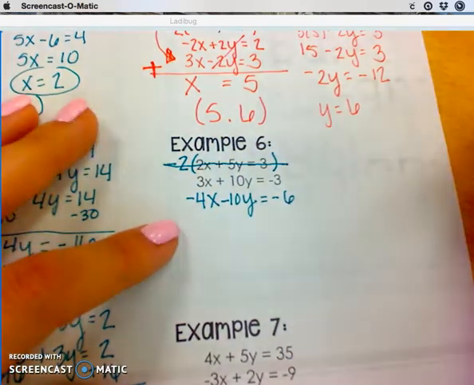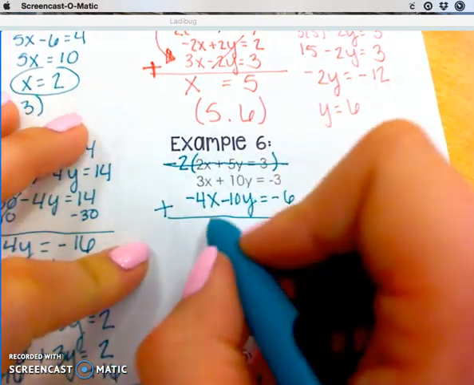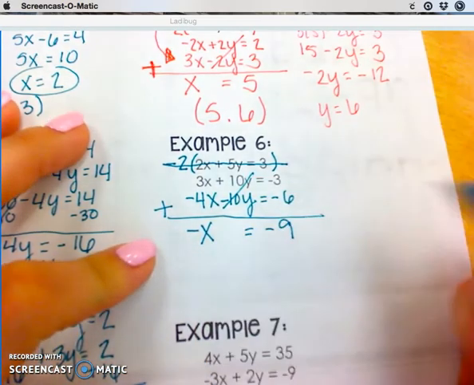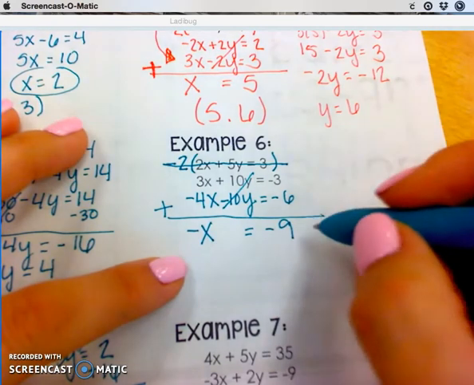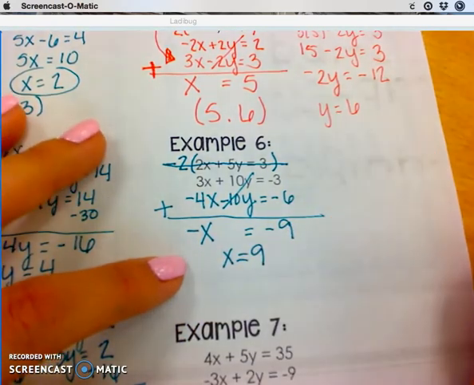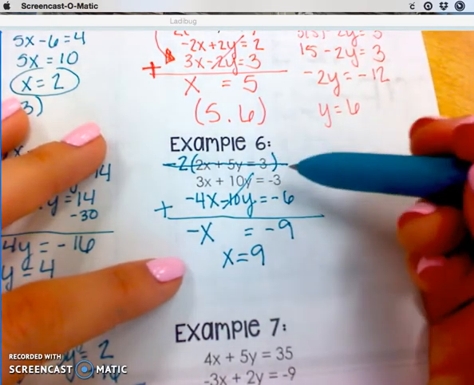Let's just focus on this bottom part. Opposite signs, so I'm going to add. I'm left with negative x equals negative 9. Divide both sides by negative 1. X is positive 9. And let's plug it in. We can plug it into either equation, either original equation.